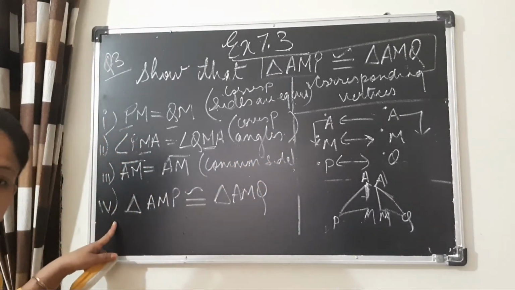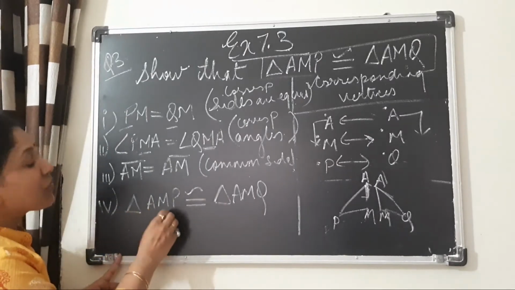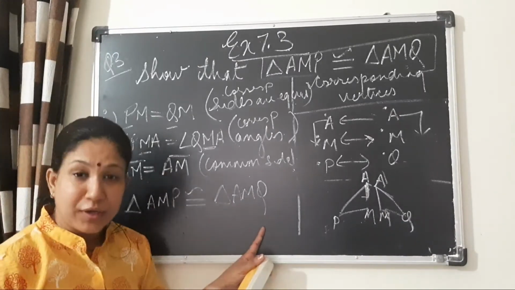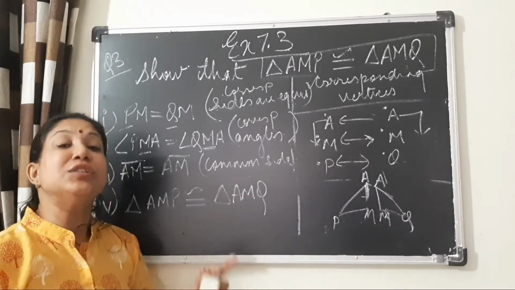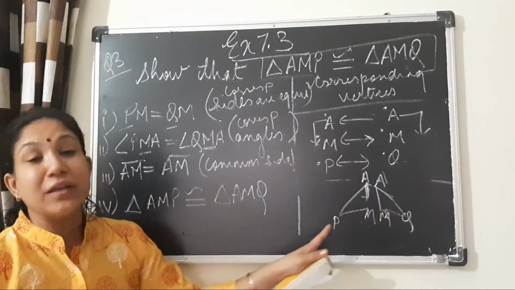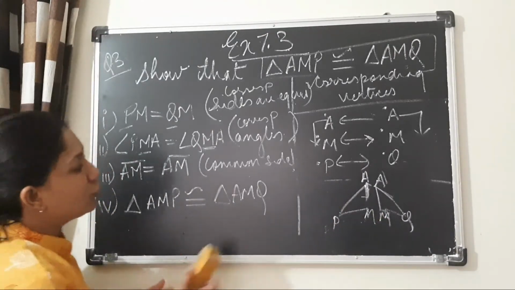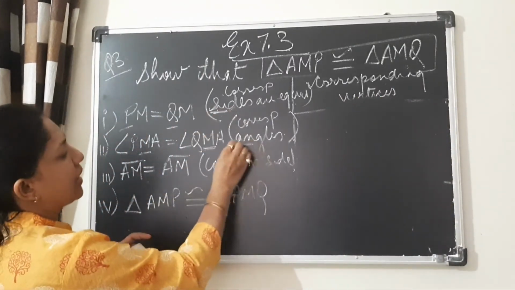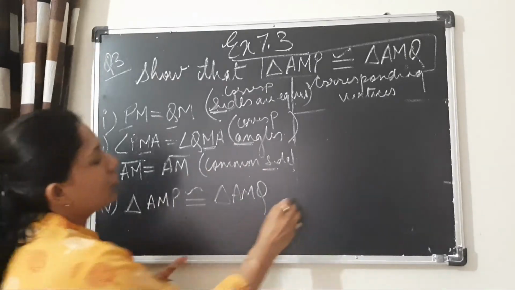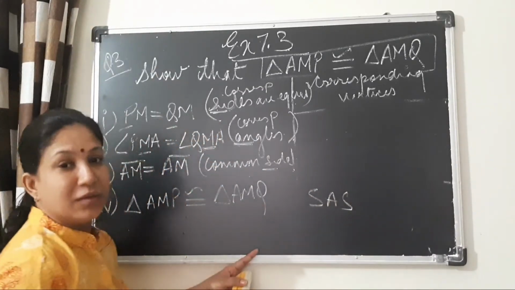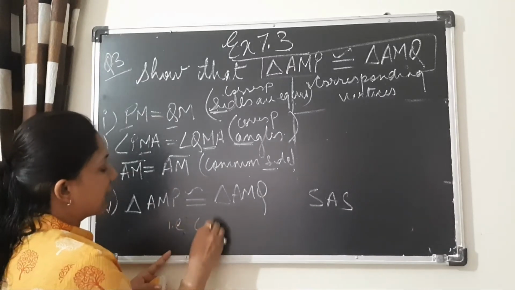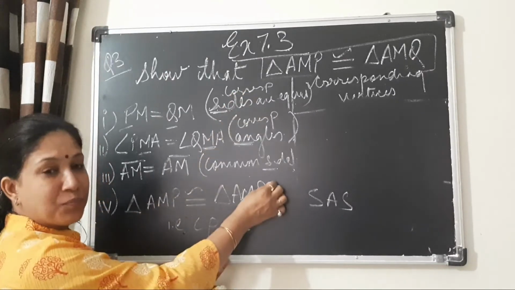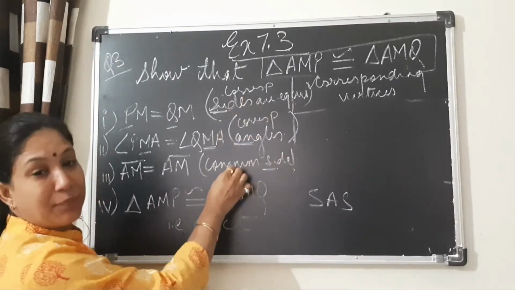Now in the fourth point, triangle AMP is congruent to triangle AMQ. For triangles to be congruent, at least three corresponding parts should be equal. We have side, angle, and side, so by the side, angle, side rule. By CPCT, these three corresponding parts are equal.